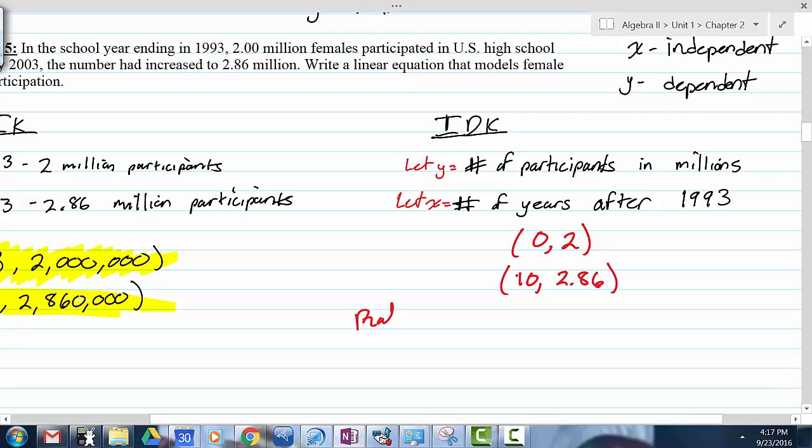So if we're trying to find out our rate of change, another word for rate of change is slope, right? So we can find that with y2 minus y1 over x2 minus x1. And being that we have those 2 points, that's just 2.86 minus 2 over 10 minus 0.